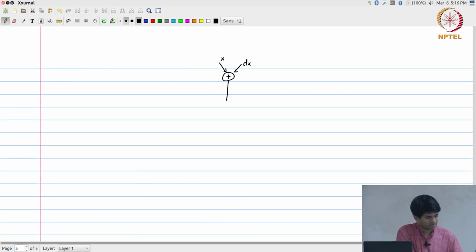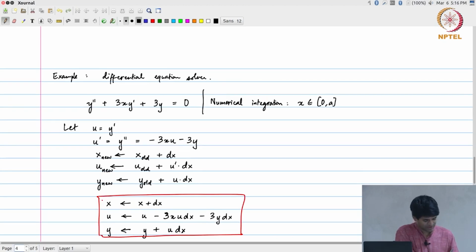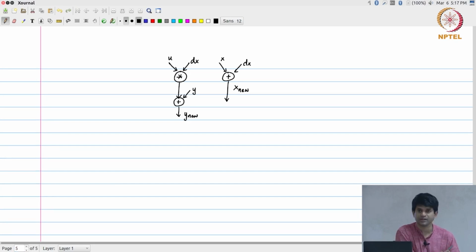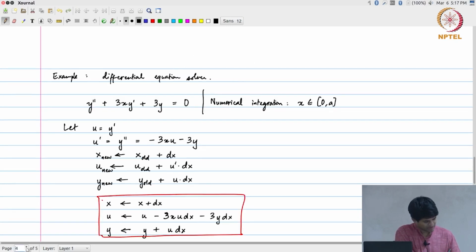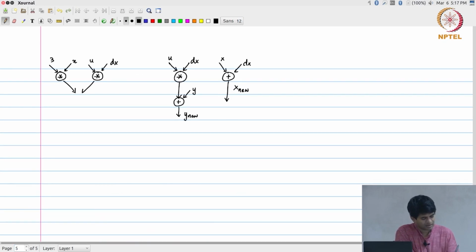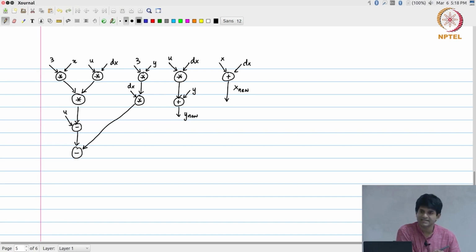This gives me the new value y plus u dx, this gives me the new value of y, and the last one is 3xu dx minus 3y dx, etc. This is the task graph that you can construct for this particular set of equations.